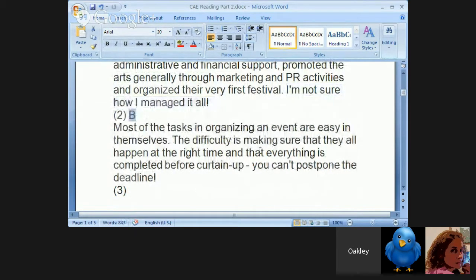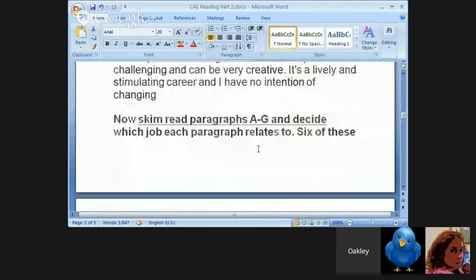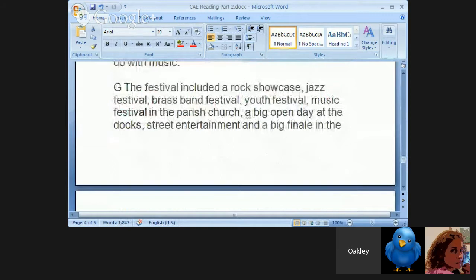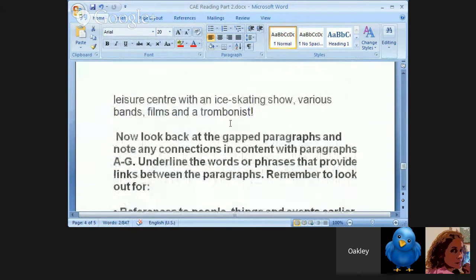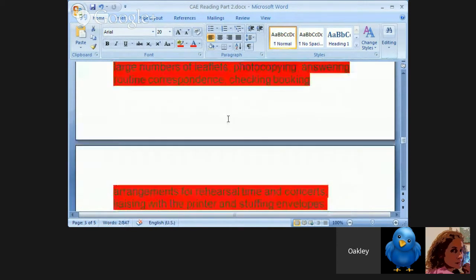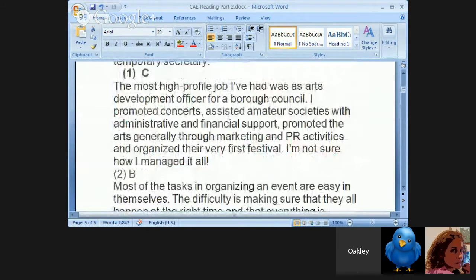Here? 2? G. Yes. Maybe. The festival included, a reference to the first festival and the festival. Okay. Ooh, very good. All right, so that means that we have that wrong.